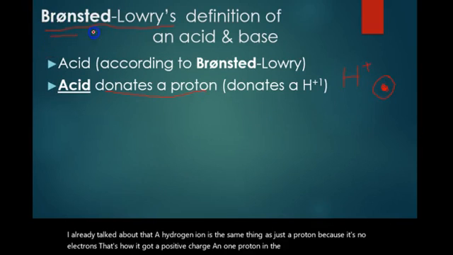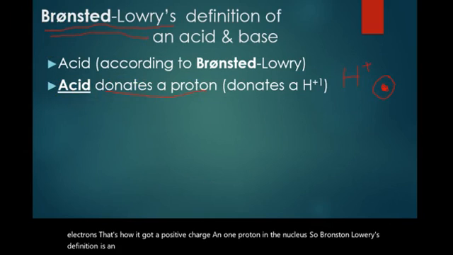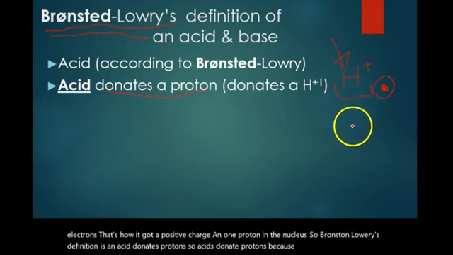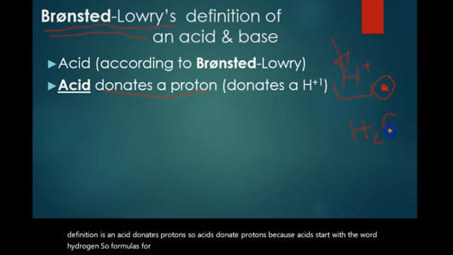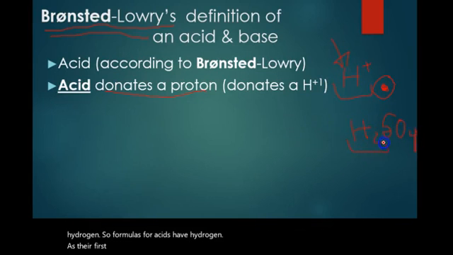So Bronsted-Lowry's definition is an acid donates protons. Acids donate protons because acids start with the word hydrogen. So formulas for acids have hydrogen as their first name, and they are donating protons because proton is another name for a hydrogen ion.